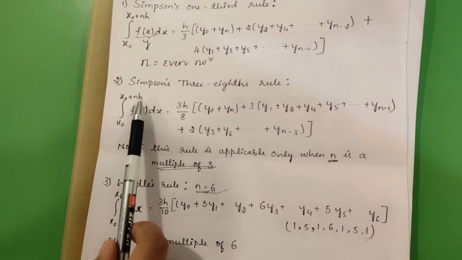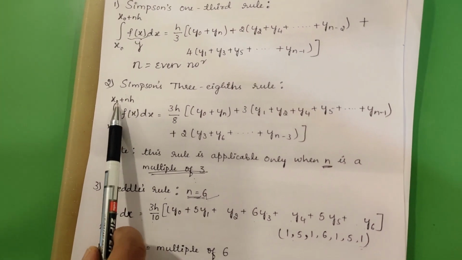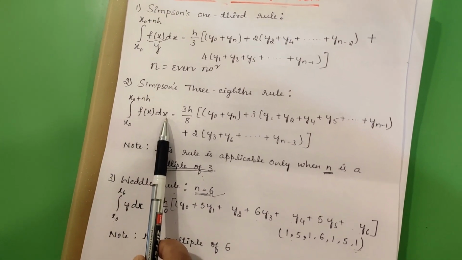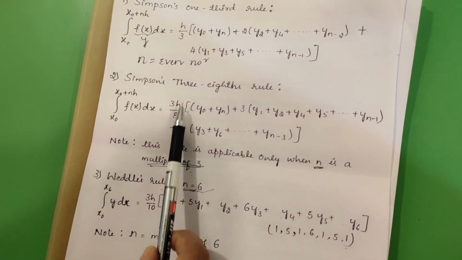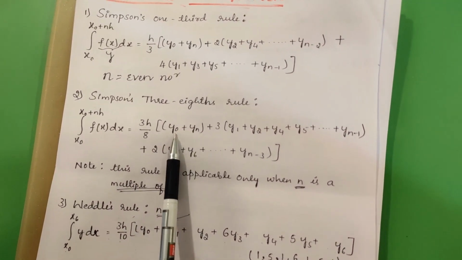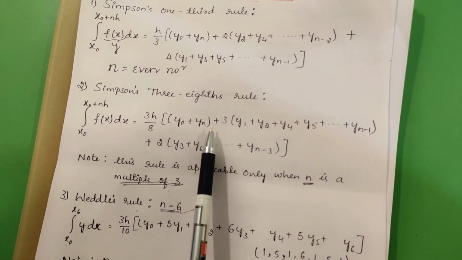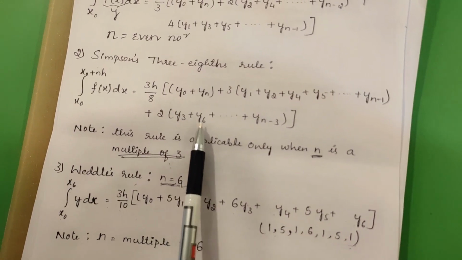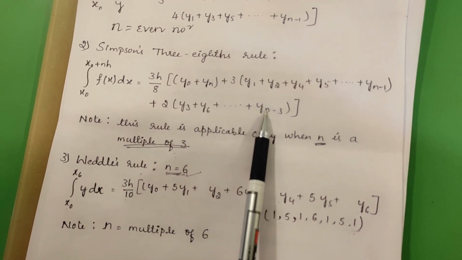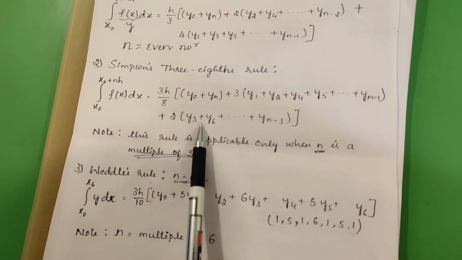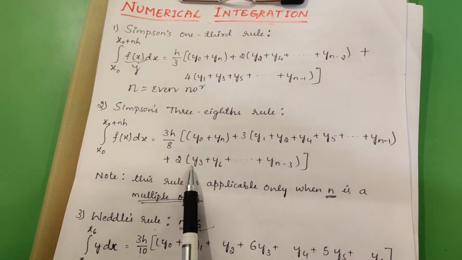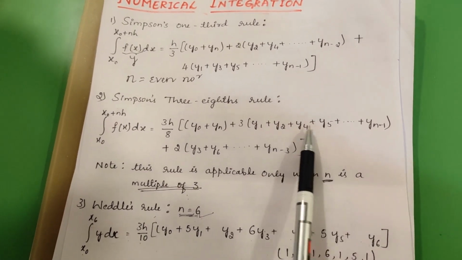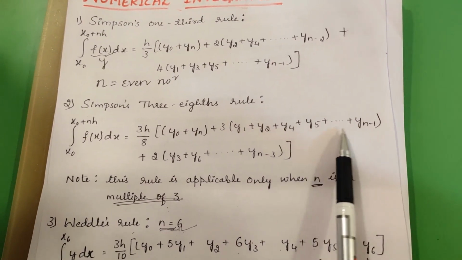Next, Simpson's 3/8 rule. Similarly, the formula is integration from x0 to x0 plus nh of f of x dx, otherwise y dx, is equal to 3h by 8 of y0 plus yn, first term plus last term, plus 2 into the 3-multiple position values, y3, y6, y9 etc., plus 3 into the rest of the values, y1, y2, y4, y5 and so on.